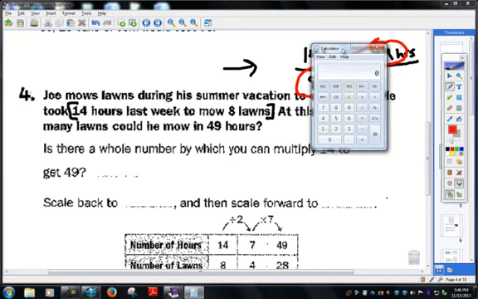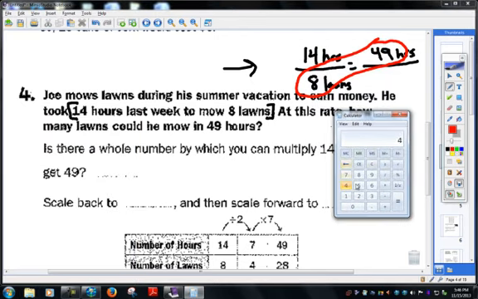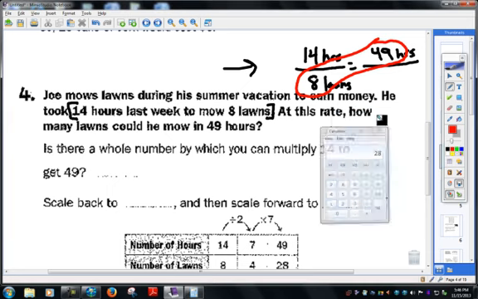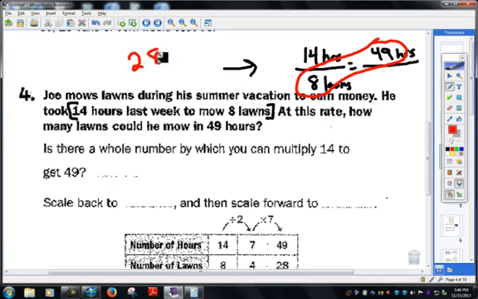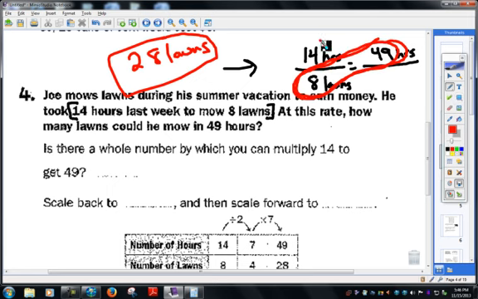When I do that, I get 49 times 8 divided by 14, and that gives me 28. Okay, so I know the answer is 28 lawns, but I wouldn't know that without doing my cross products there. Cross multiply and divide just means cross multiply and then divide. So we know it's 28 lawns.